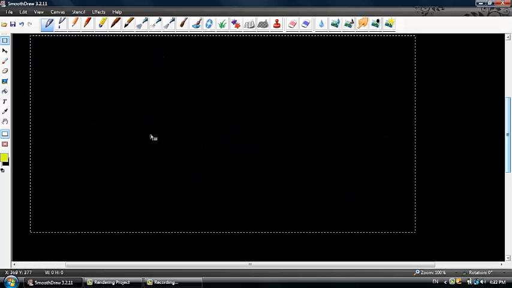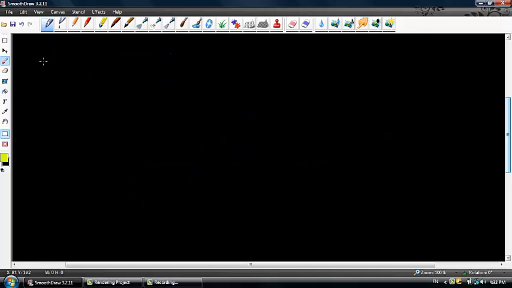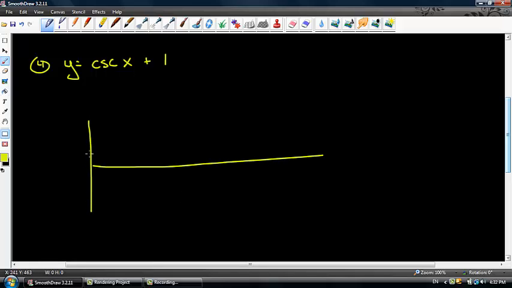So let's do a cosecant. Y equals cosecant x plus 1. So I'm going to go ahead and just draw a sine first. And remember, the sine is going to be up 1.